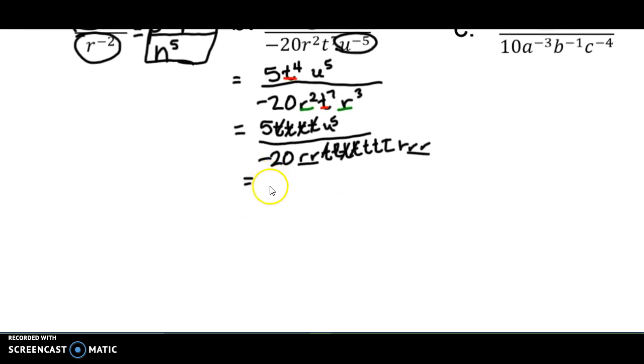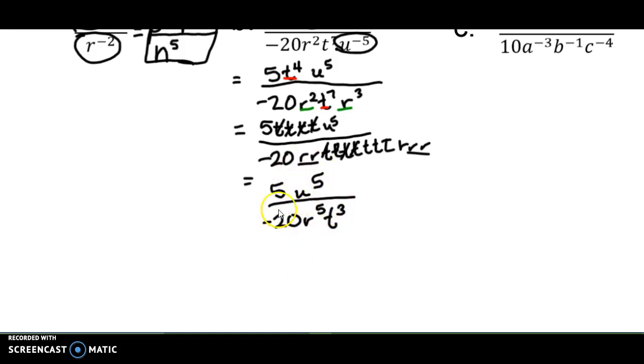What I'll end up having on my top, there are no t's left, but I do have a 5 and a u to the 5th. In my denominator, I have negative 20. The total number of r's that I have at the bottom are 1, 2, 3, 4, 5. So that'll give me r to the 5th. I crossed out 4 of my t's, and I'm left with t being multiplied by itself 3 times, which gives me t to the 3rd.